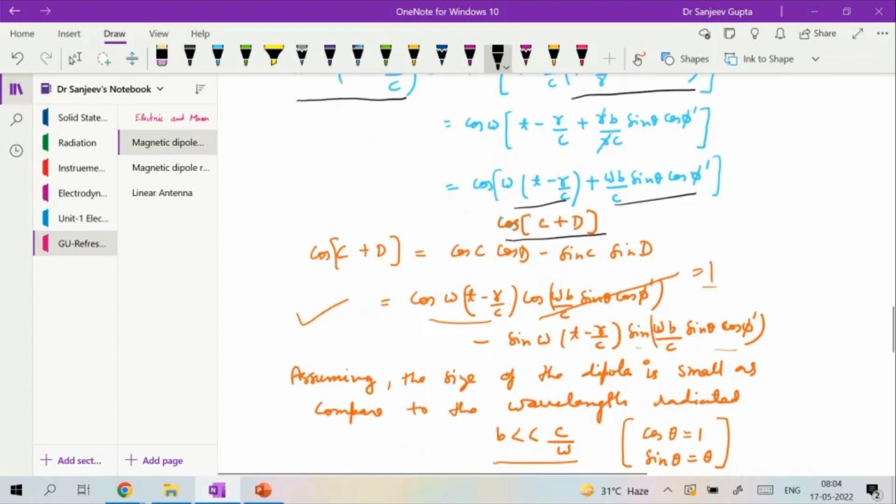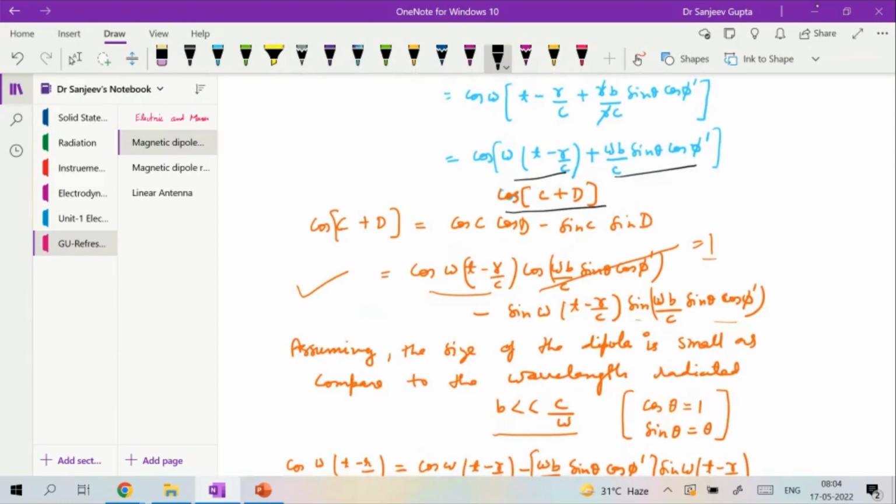So we know that cos c plus d is nothing but cos c cos d minus sin c sin d. Then again, I'm opening this bracket. If you look at cos omega t minus r by c, and that cos omega b by c sin theta cos phi prime, minus sin omega t minus r by c sin omega b by c sin theta cos phi dash.